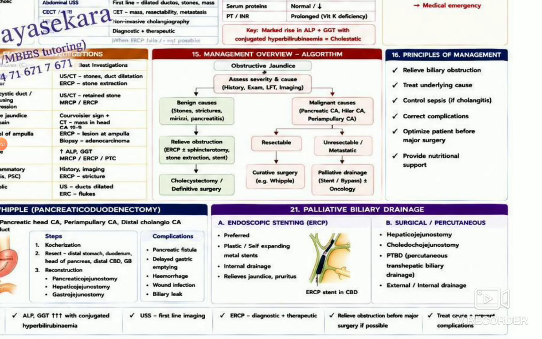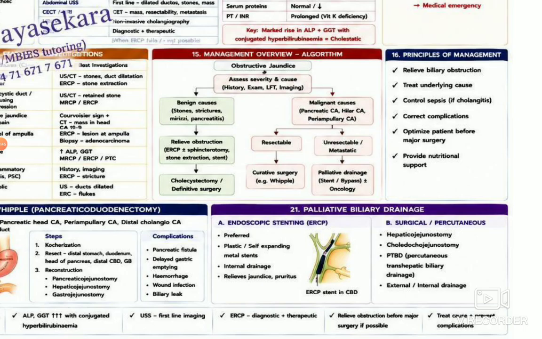The goal is symptom relief and quality of life. Why relieve the obstruction? Persistent obstruction causes severe itching, anorexia, liver dysfunction, recurrent cholangitis, and weakness.